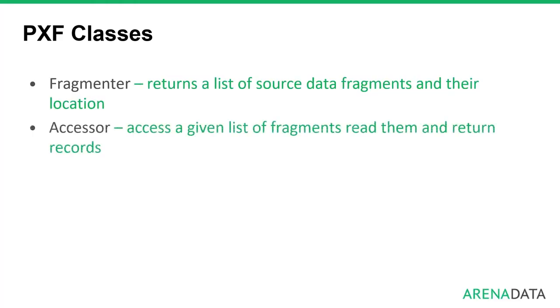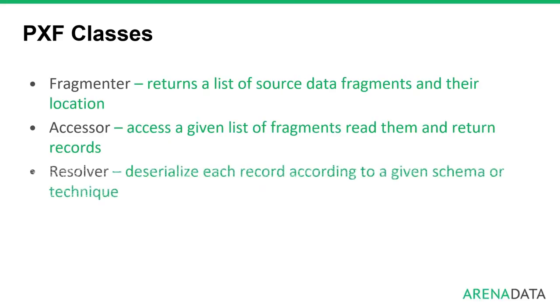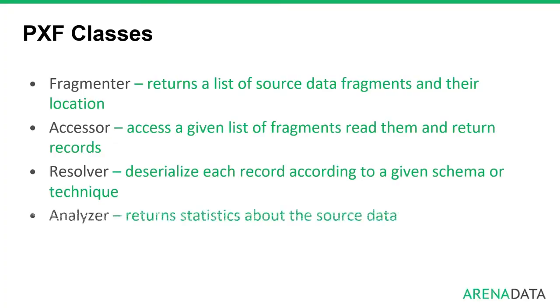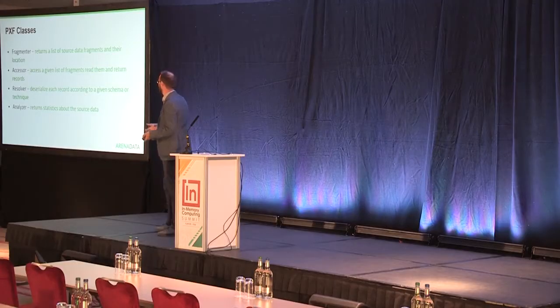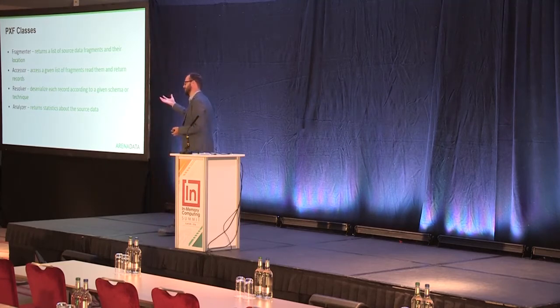The accessor is given the list of available fragments from the data source. The resolver records according to the given schema or technique, and the analyzer just collects the data and statistics from the source system, because it's necessary for the optimizer to have information about what the destination system is, what the external system is, which tables it has, and so on.